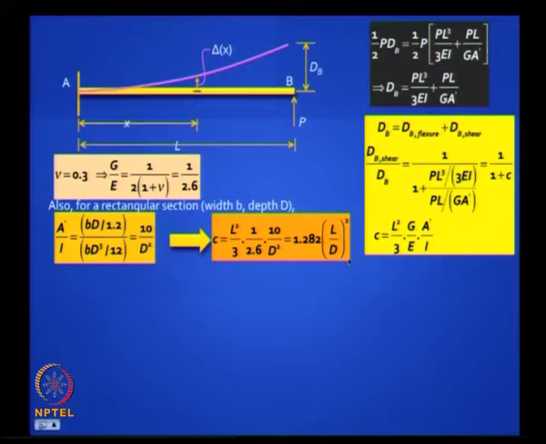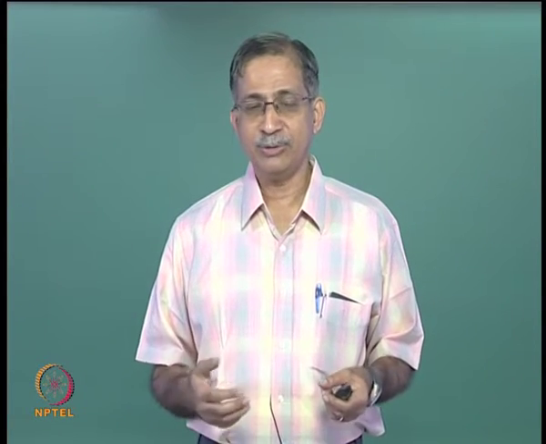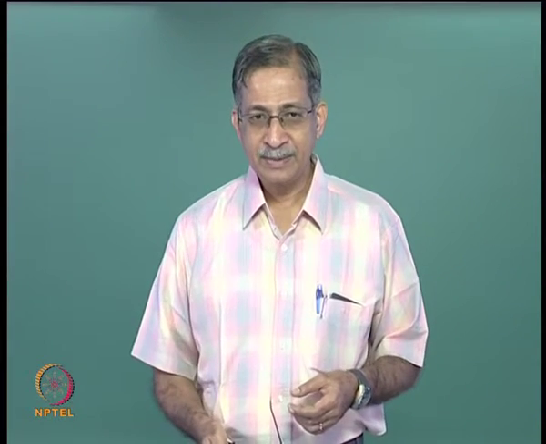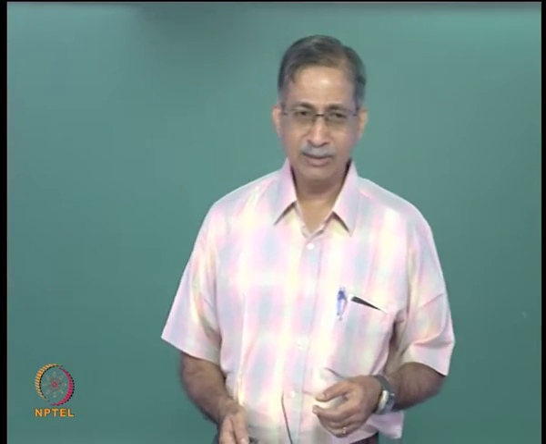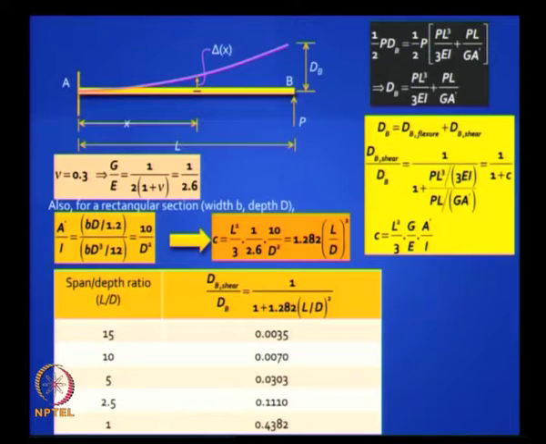So you will find that L by D, span to overall depth ratio, actually dictates the contribution of shear deformations to the overall deflection, to the overall energy. And if you want to look at some practical examples, if the span by depth ratio is high, as it normally is, which is what makes the beam a skeletal element, a line element, you will find that the ratio of shear deflection to total deflection is low, negligibly low.